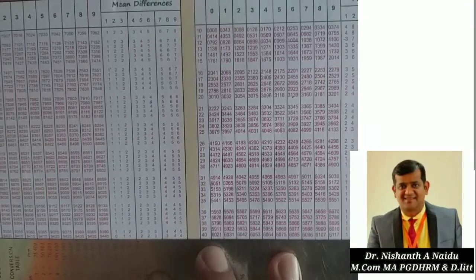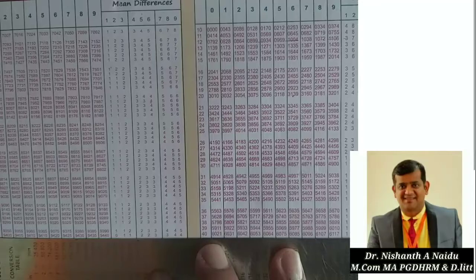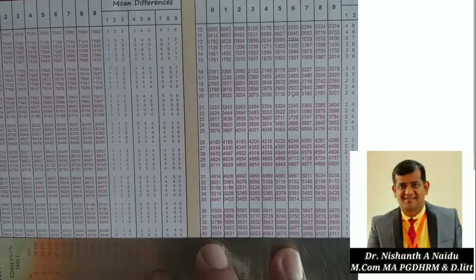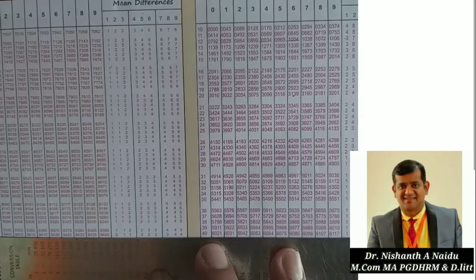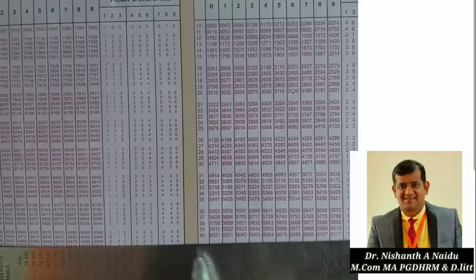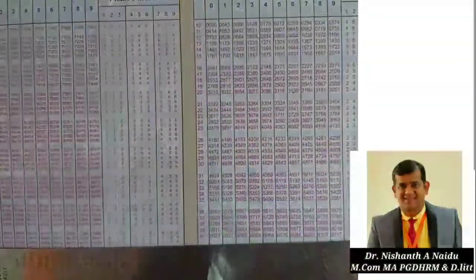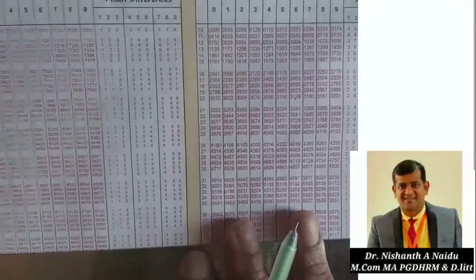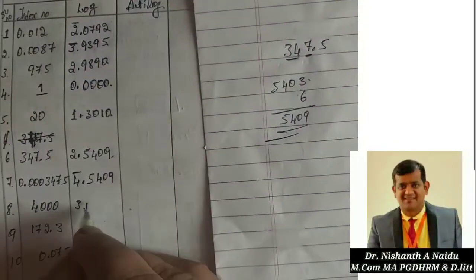Correct, because 40th row, 0 column. So that is 6021. So I am writing 6021 directly.